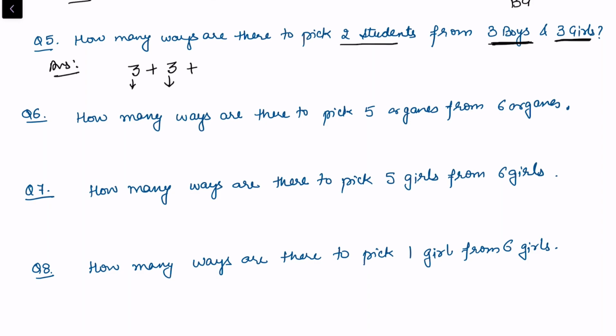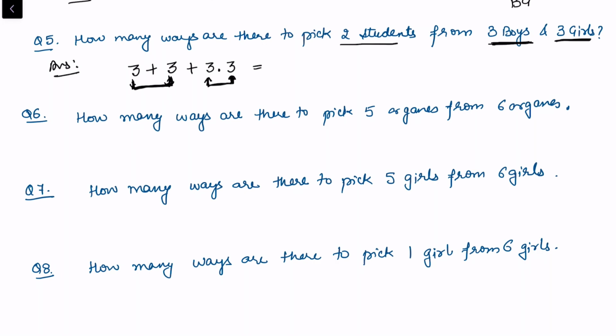Or there could be an option that we first select a boy and then another student is selected as a girl. This is where one student is selected as boy and another student is selected as girl. So this is the addition principle. Then here we have applied the multiplication principle, and in total we apply the addition plus multiplication principle.